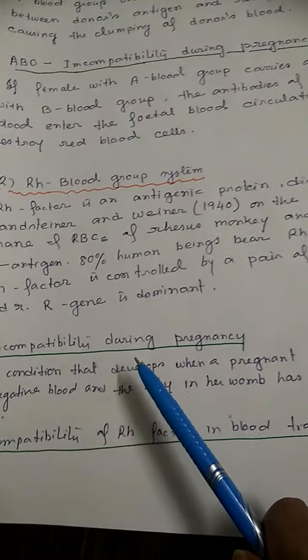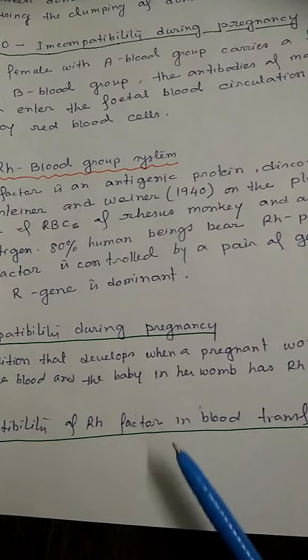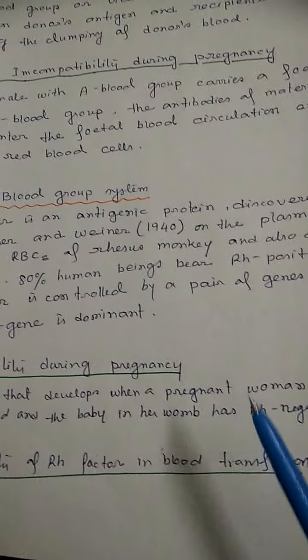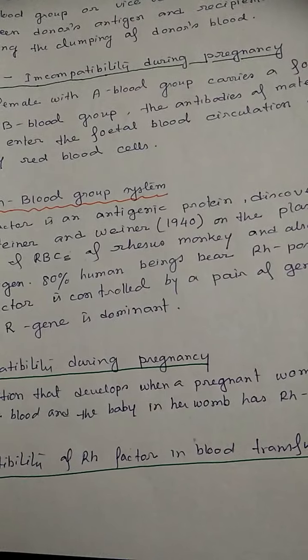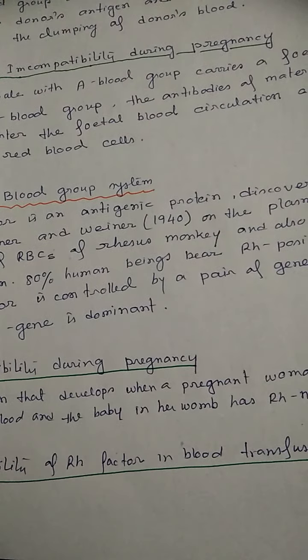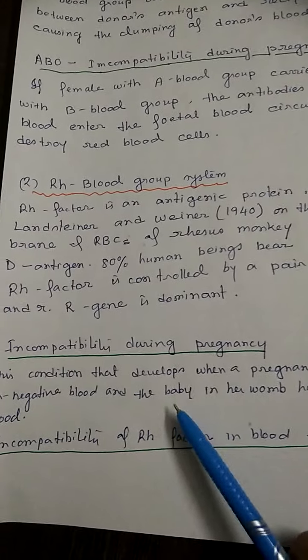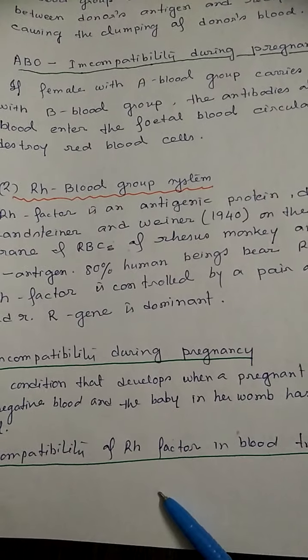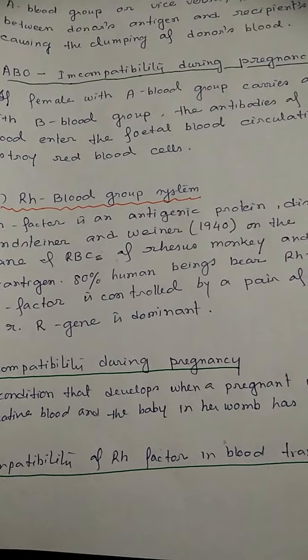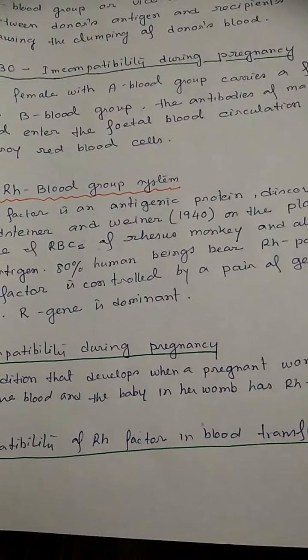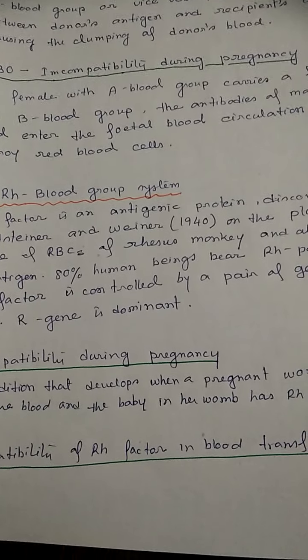Now, incompatibility in pregnancy and blood transfusion is just like ABO incompatibility, and the same applies to the Rh factor. So this is all about the blood group.